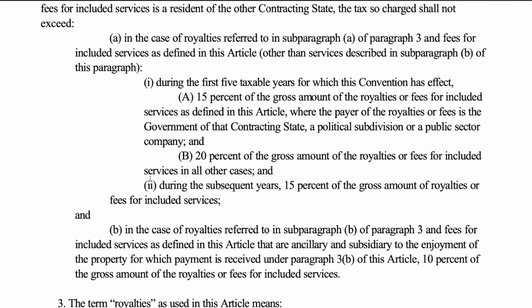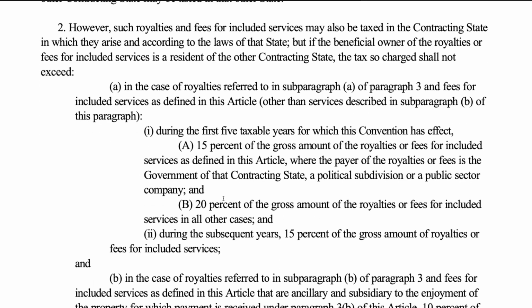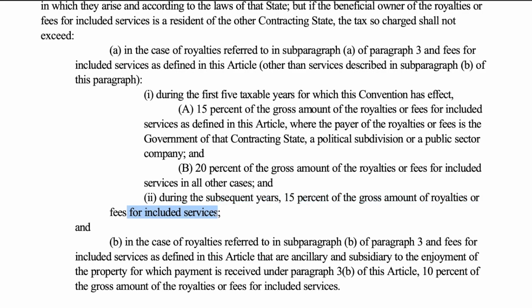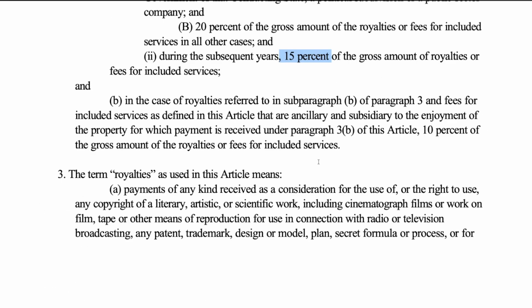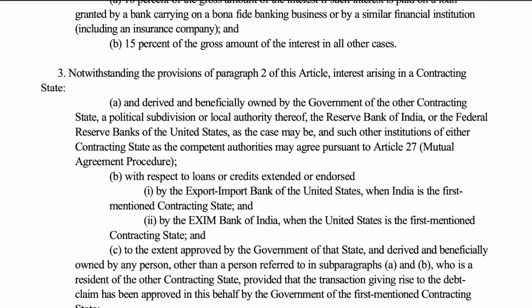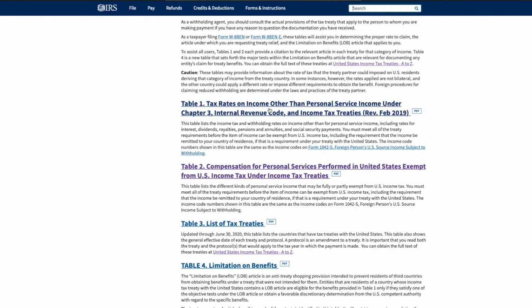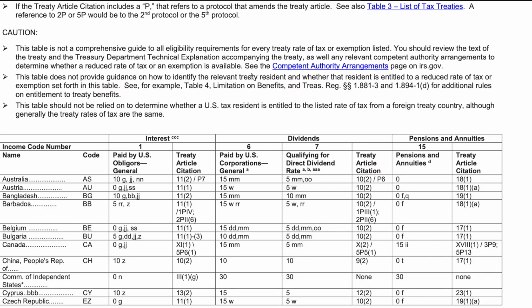what is given in subsection 2. For the first few years it was between 15 and 20%, but for the subsequent years it is 15% of the gross amount of royalties or fees for included services. So in our case you can put 15%. Apart from this, on the IRS.gov website, you can search for tax treaty tables and come to the first table. If you select this one, this is the tax rate for everything other than personal services.